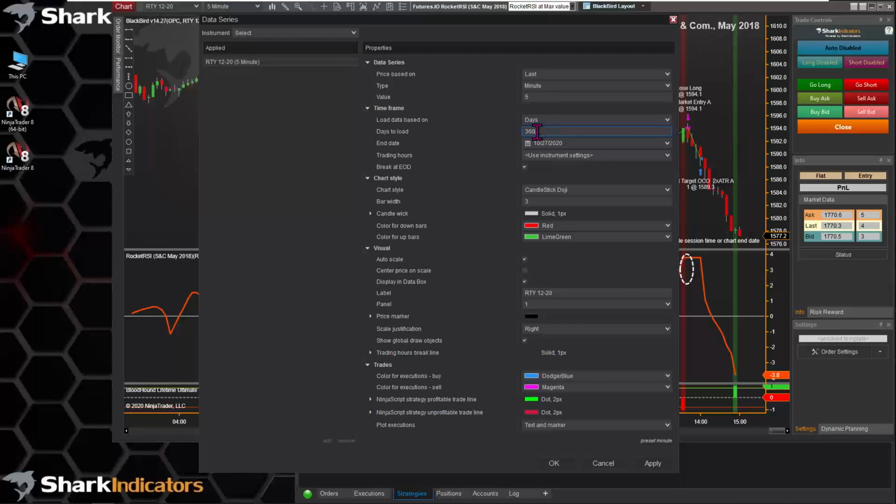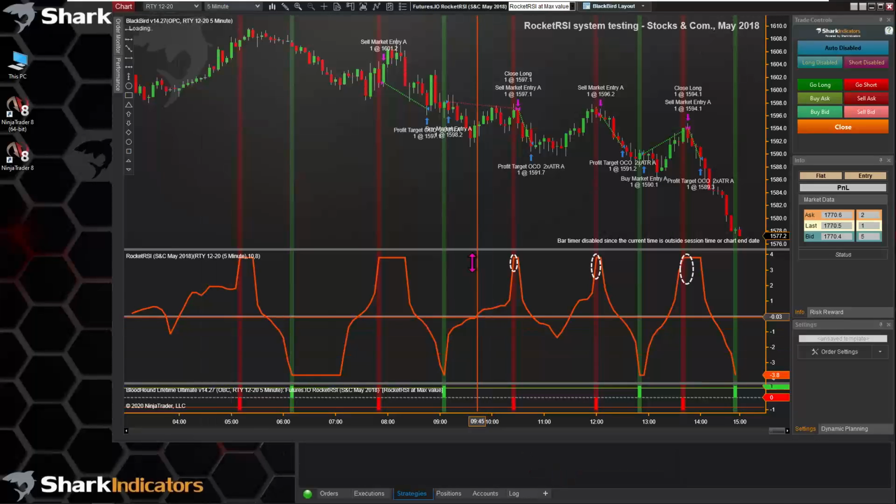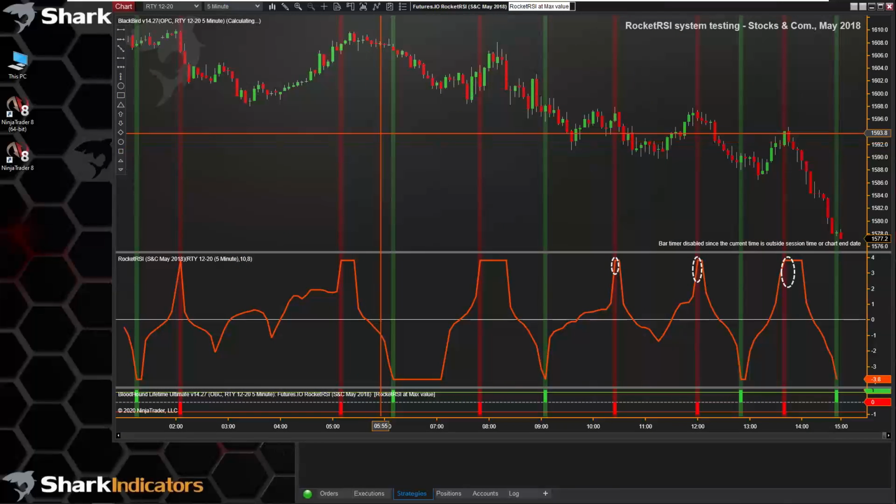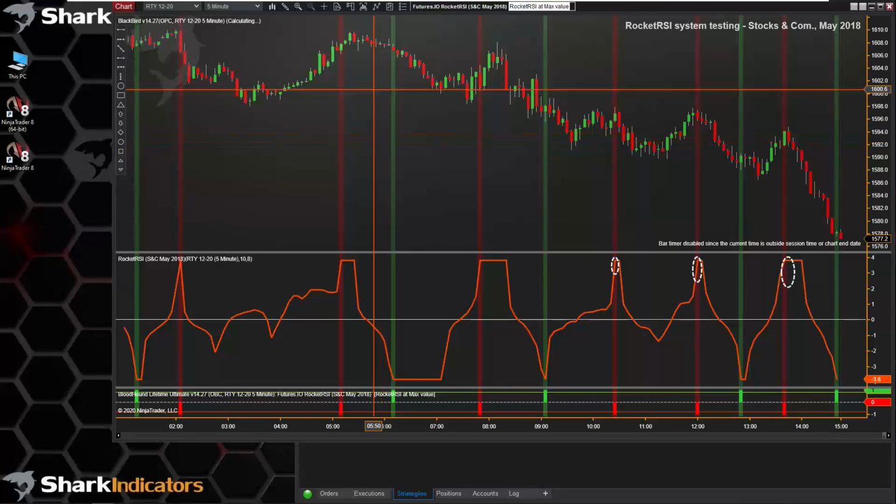My data feed will give me 1 year of data, so I'm going to plug in 1 year of data. Changing the number of days reloads the chart, which automatically forces the strategy, Blackbird, into recalculating the backtesting.